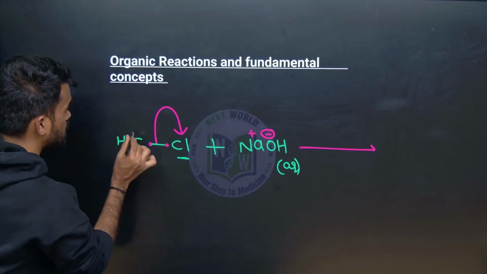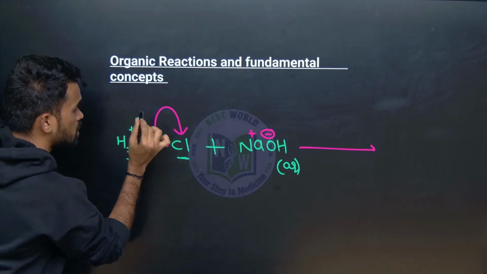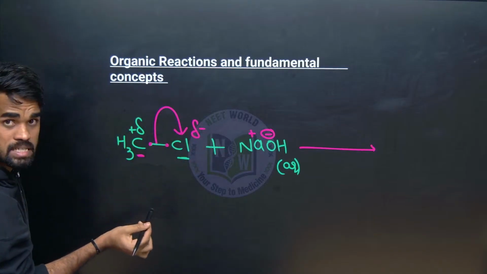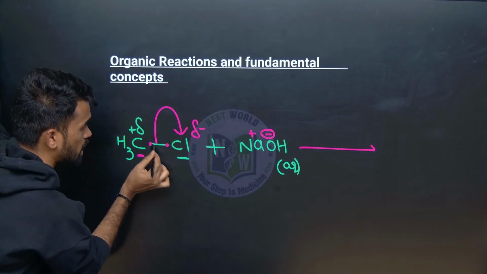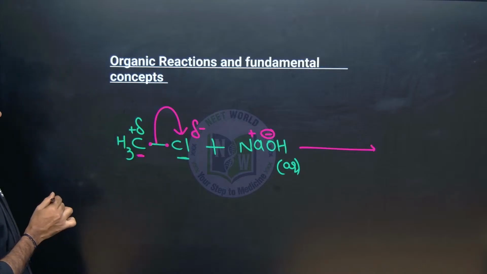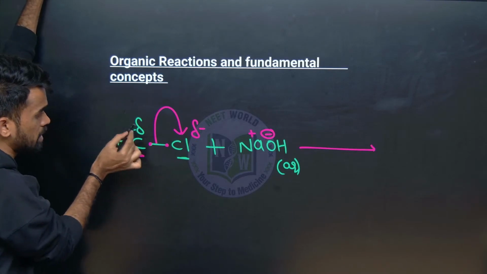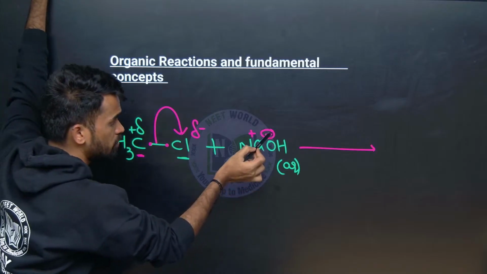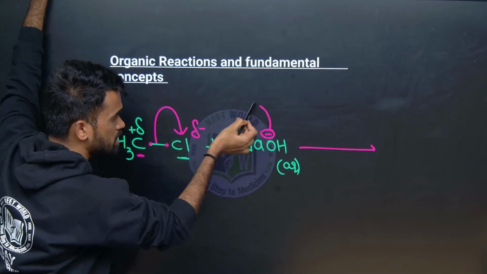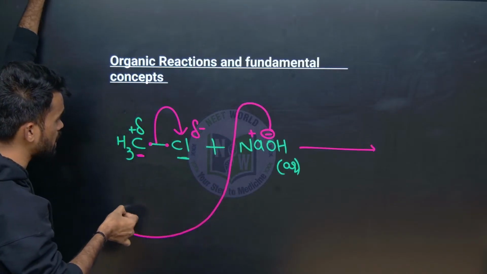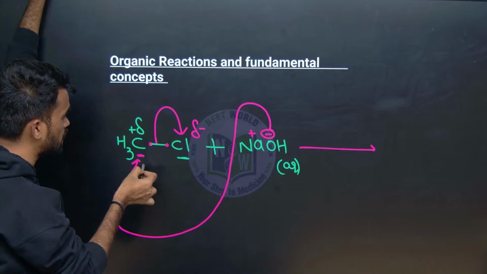It creates a partial positive charge, while chlorine has a partial negative charge. How do these charges arise? Due to the polarization of this sigma bond, right? Now the carbon has electron deficiency, therefore the OH minus ion, which is electron rich, will come and attack this electrophilic carbon site.